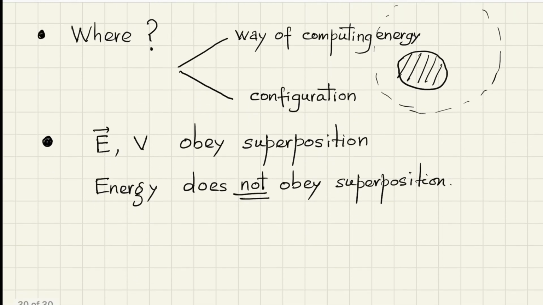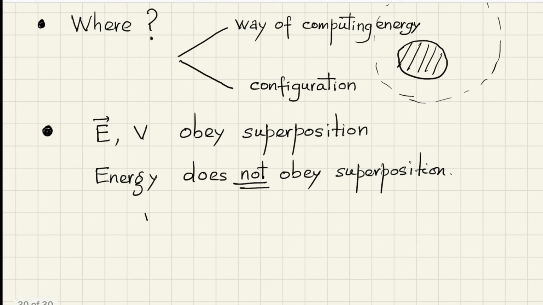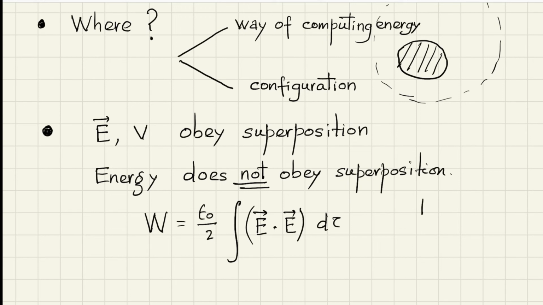Because we know, for example, the total energy is epsilon by 2 integral E dot E d tau, that is E square d tau. Now suppose E is a superposition of E1 plus E2. Then what does this become?